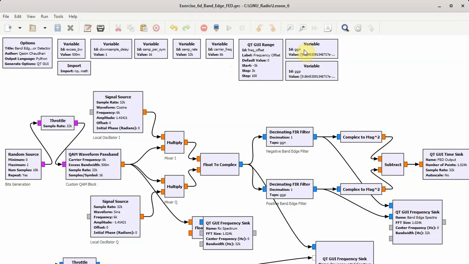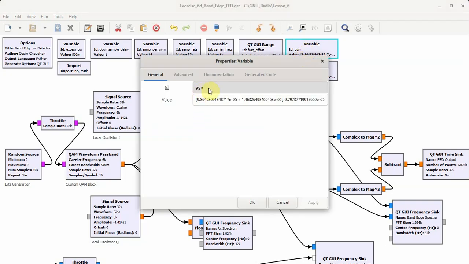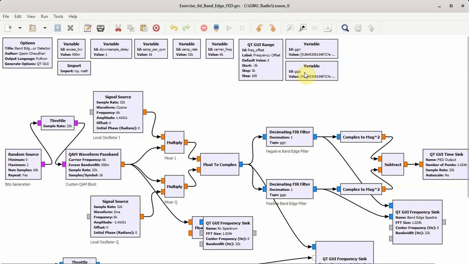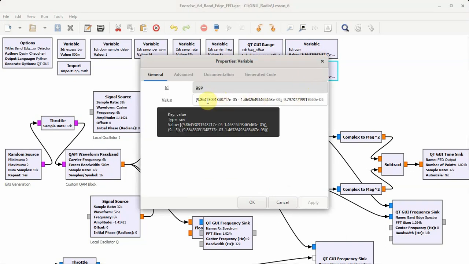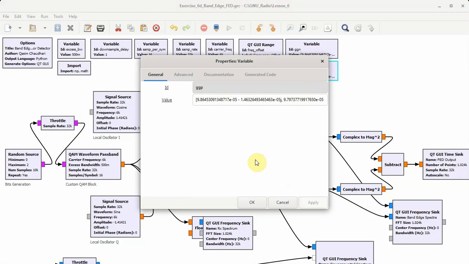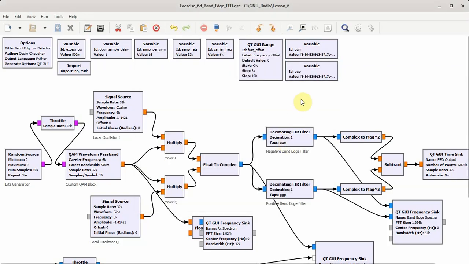These are the coefficients of a negative band edge filter, and these are the coefficients of the positive band edge filter, computed offline with the help of the procedure described in the text. These values were chosen for an excess bandwidth of 0.5 and samples per symbol as 16.